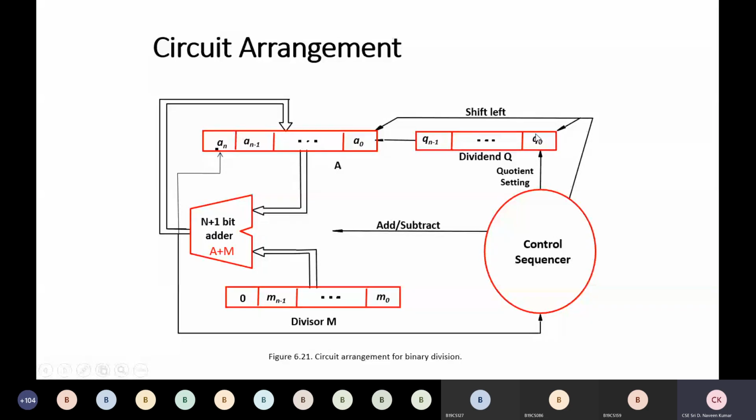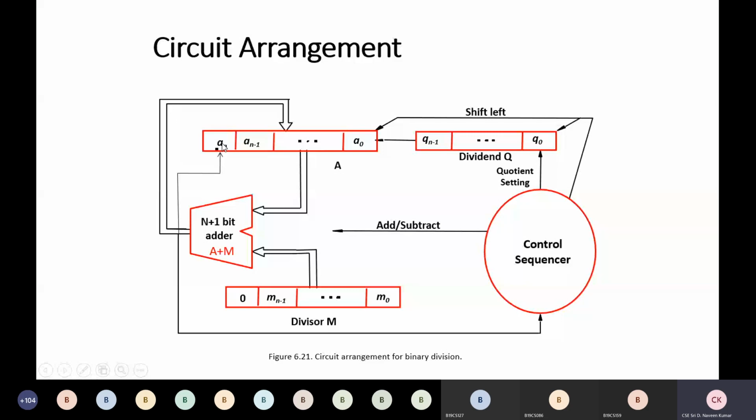Maximum 1 time in binary format. Otherwise, if this is 1, a negative number, the remainder is negative, it means the division is not successful, quotient will be 0, not divided. Okay, so this is the thing: if this is 1 we set 0, if this is 0 we set 1, and I have given the reason why we set this.